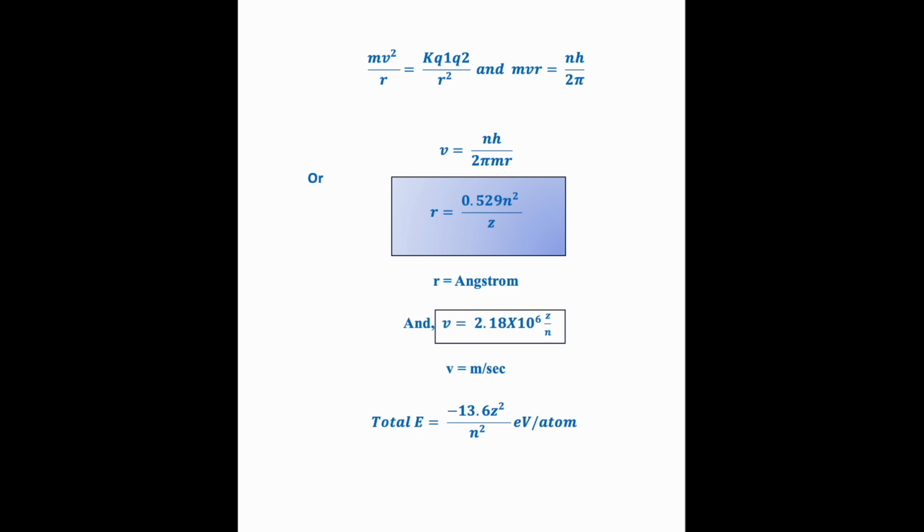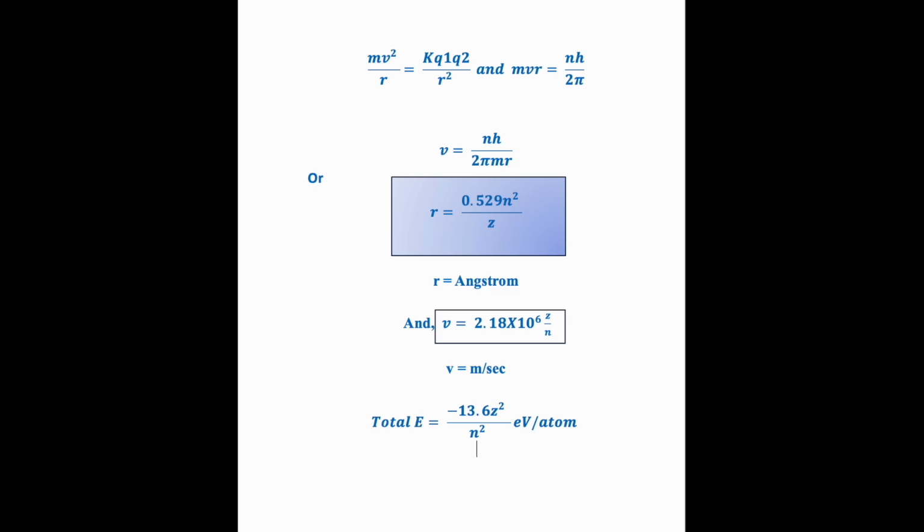So from these two expressions we get r is equal to 0.529 n square upon z, where n is the number of the orbital and z is the atomic number of that particular species. From this, the radius of the orbital in which the electron moves comes out in angstrom. Similarly, for velocity we get 2.18 into 10 to the power 6 z upon n, wherein velocity is in meters per second. So this is the velocity in the nth orbit.